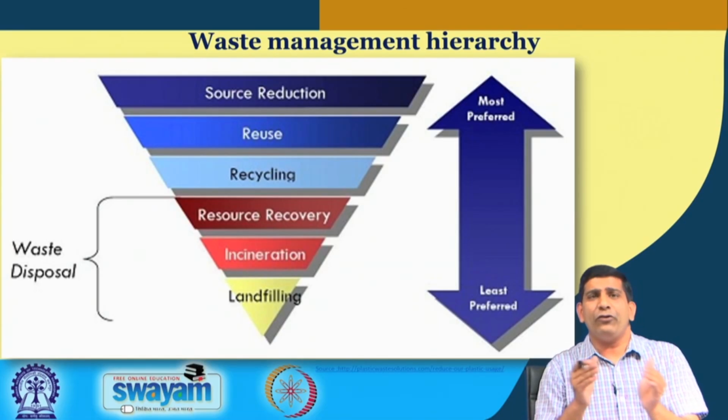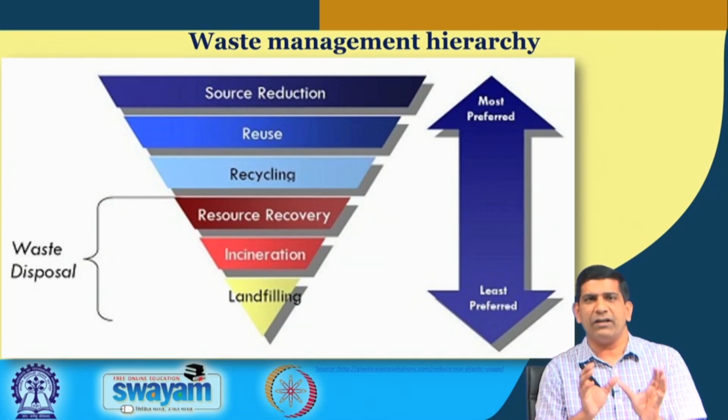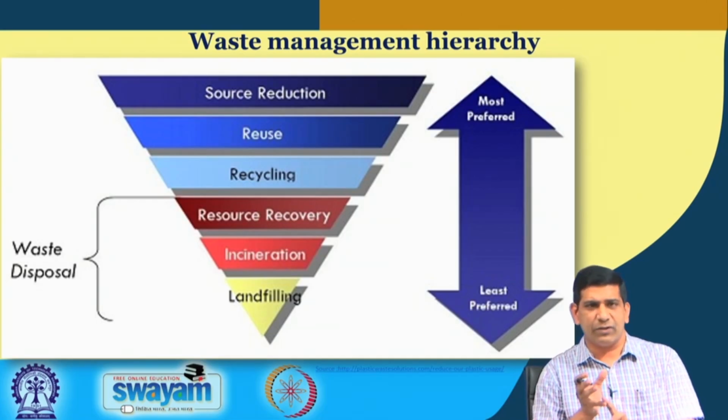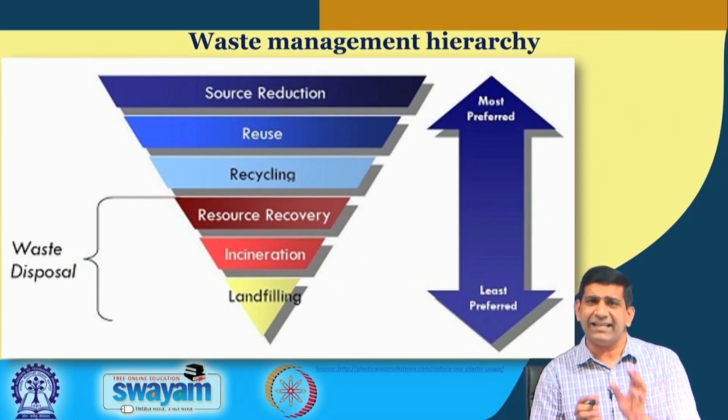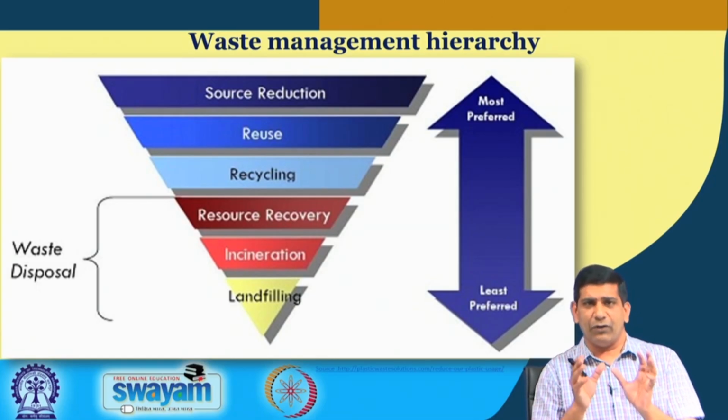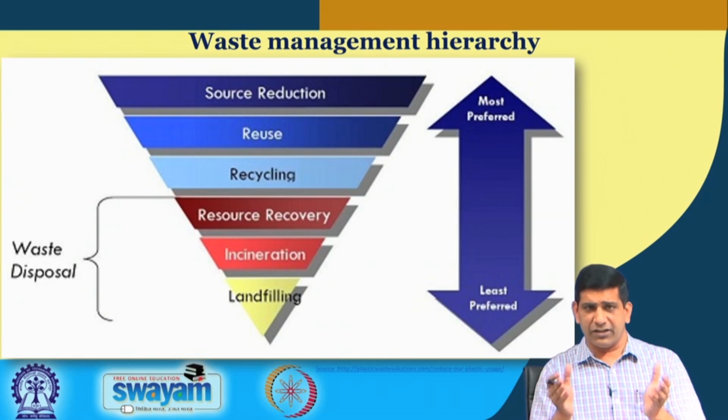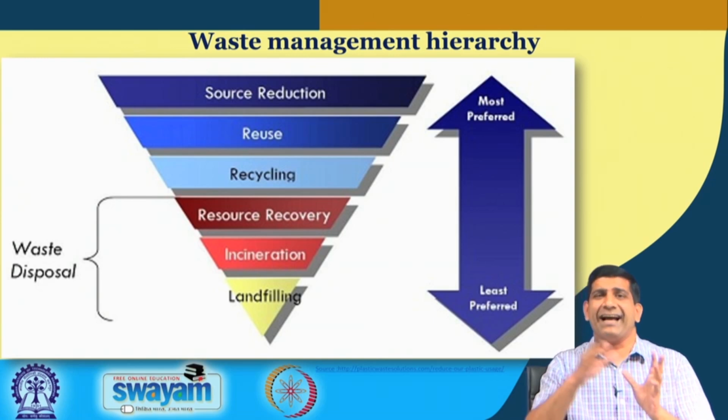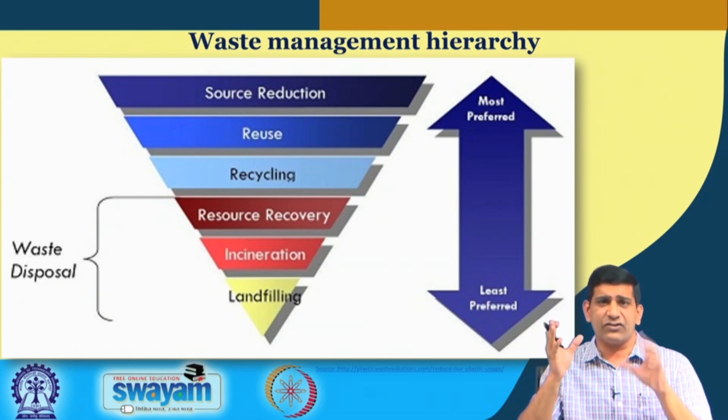Whether we are able to follow it or not, that is a different matter, but throughout the world, whenever you look at any waste management hierarchy, whether it is municipal solid waste, whether it is construction and demolition waste, whether it is plastic waste, which is essentially a subset of municipal solid waste, because at most places some will come from industrial and other sources, that is also what we call ICI waste, which is industrial, commercial and institutional waste.